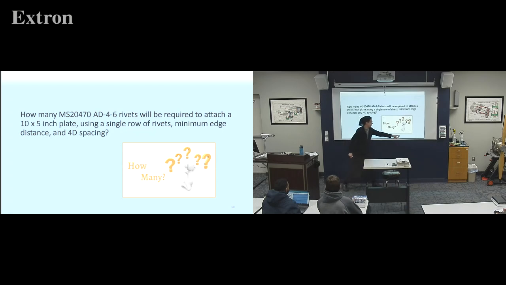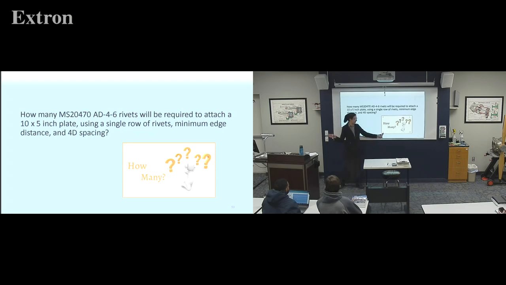You take your total distance, 10 inches, minus your edge, which is 2 times our diameter, which is 0.25. We have 2 edges, so 0.25 times 2 is 0.5.